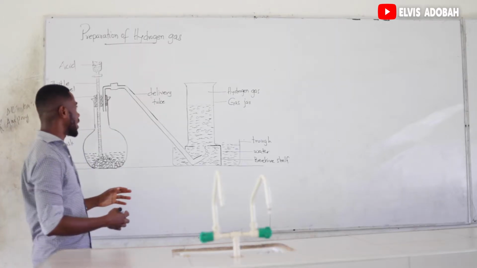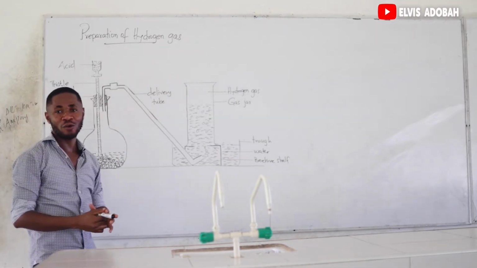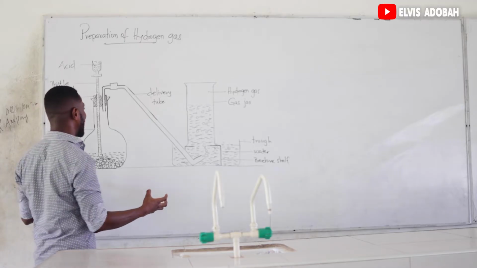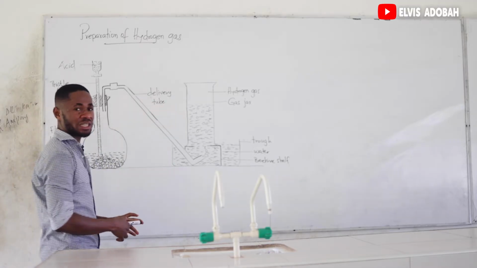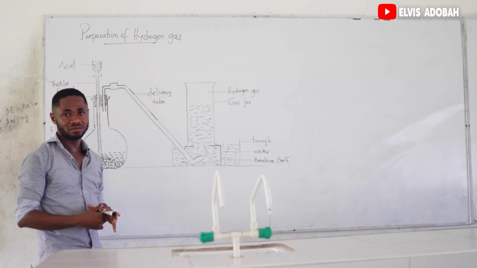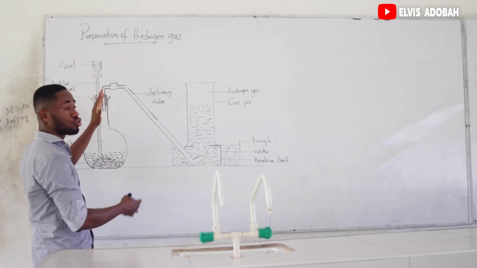I hope now you can pause the video, go back and check the labeling of the parts very well, because you need to know them. When they ask a question concerning this preparation of hydrogen gas, they will definitely ask you to label the parts. Sometimes they will write the parts as I, to whatever.